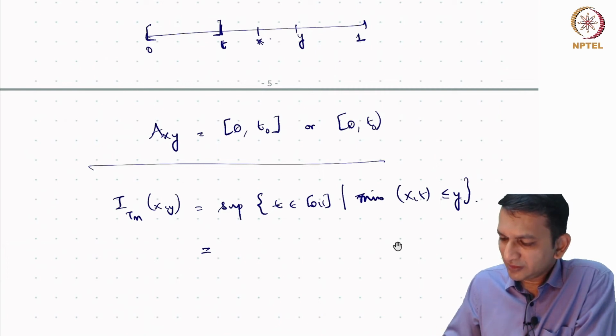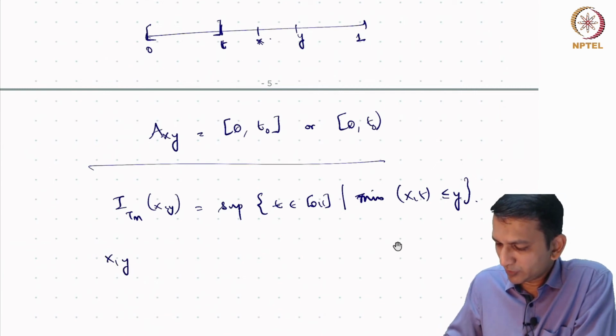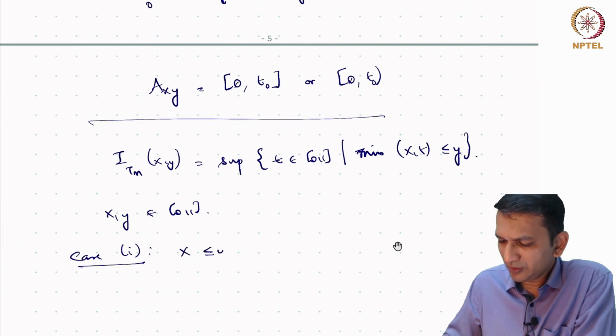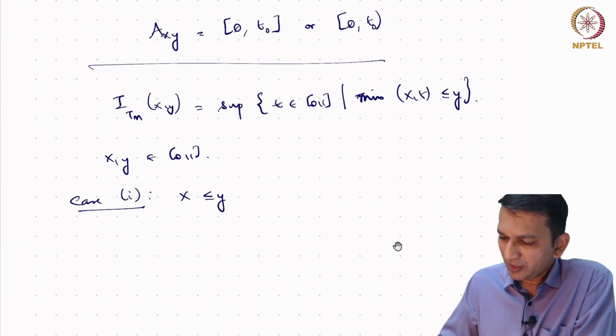To understand this, let's split into cases. As was mentioned just now, let's take x, y in [0, 1]. Now we have two cases. Case 1: x could be less than or equal to y, or x can be greater than or equal to y. Let's look at this.